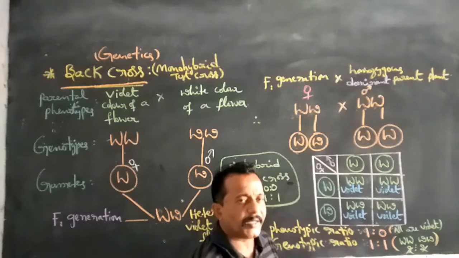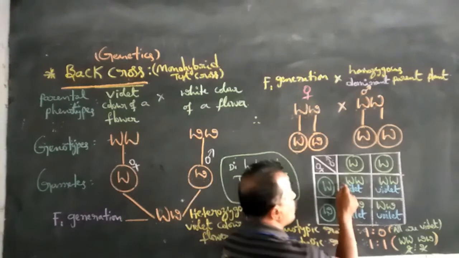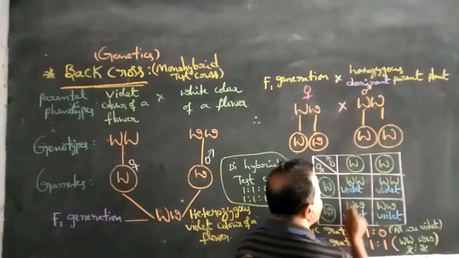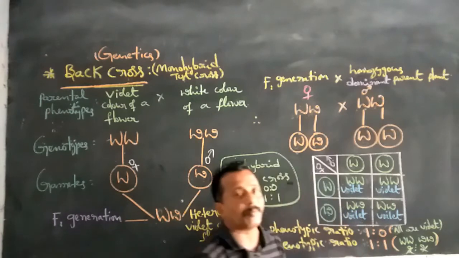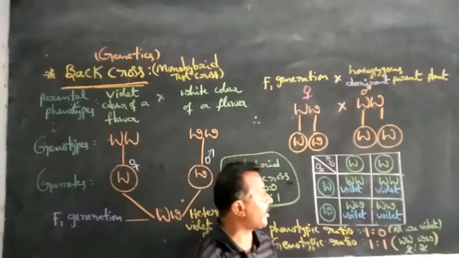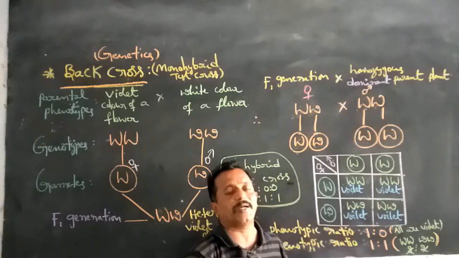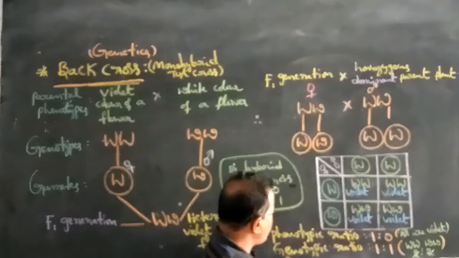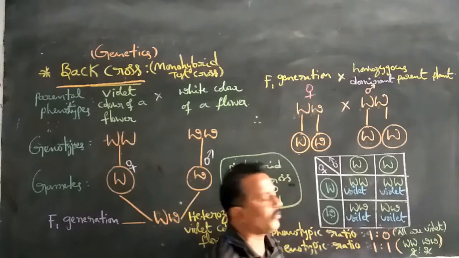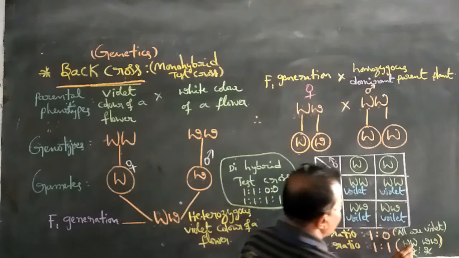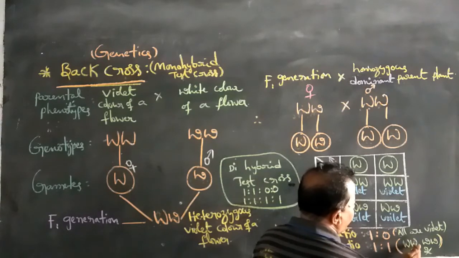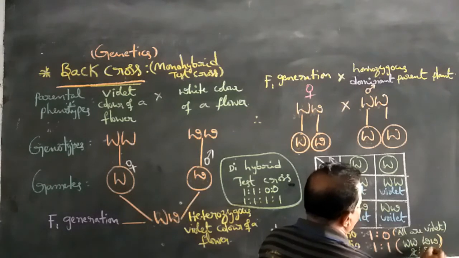This is also violet color of the flower, but the first is a homozygous violet color of the flower and this is a heterozygous violet color of the flower. This is the difference. So the genetic ratio is 1:1, meaning capital W capital W genotypes are 2, and capital W small w genotypes are 2.